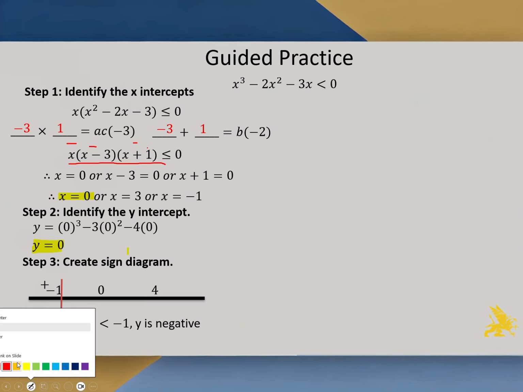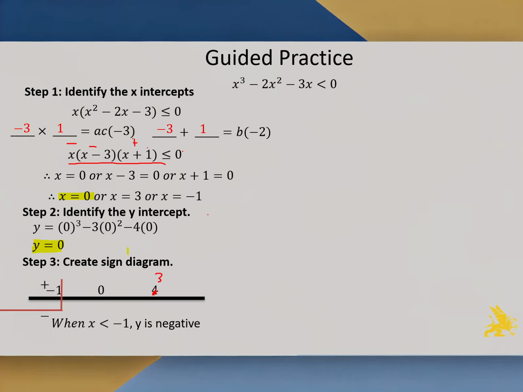I then move on to a number between -1 and 0. And I just realized that when I wrote this, I'm just going to change this 4 to a 3. So I just kept that from the previous slide. Okay, so let's pick -1/2. That is negative. -1/2 take away 3 is negative, and -1/2 plus 1 is positive.